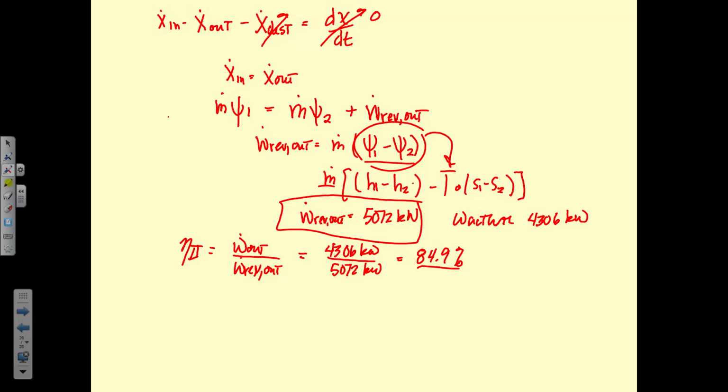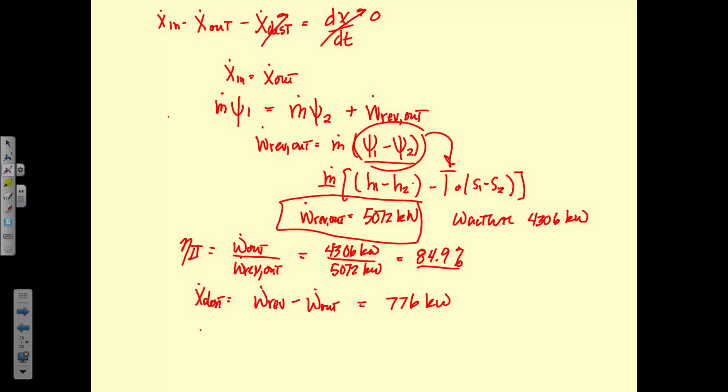Okay, any other questions on that? Okay, so second law efficiency. Then if we want to find the exergy destroyed in this case, we can just do the reversible work out minus the actual work out for a work-producing device, and we find that it's 776 kilowatts.